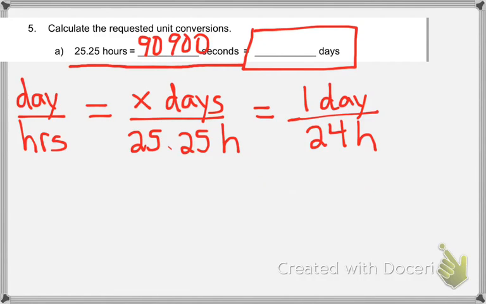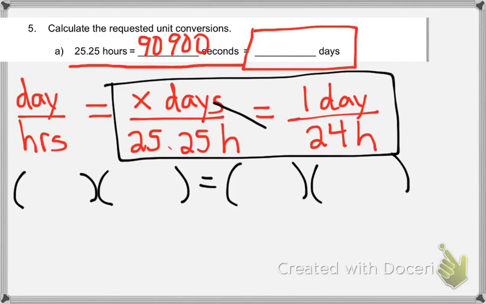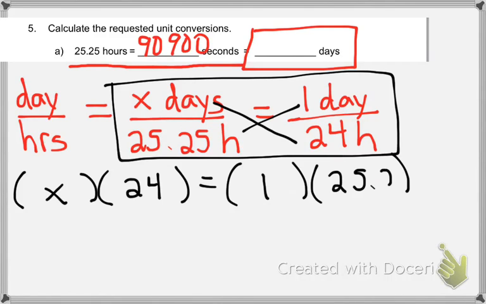And now we will cross multiply our proportion. Leave the units out of it, so x times 24 equals 1 times 25.25. So 24x equals 25.25.